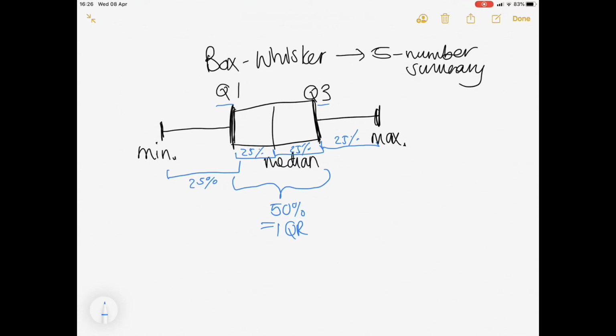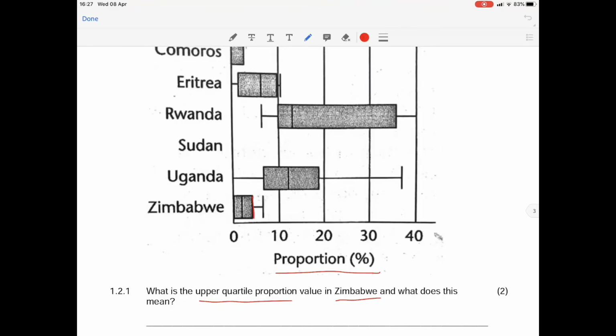Your upper quartile, or your 75th percentile, your upper value, is going to be here at quarter 3, which is represented by the right-hand edge of your box. So in Zimbabwe's case, here we are looking at the upper quartile proportion. What does it correspond to? We bring down here to the horizontal axis.